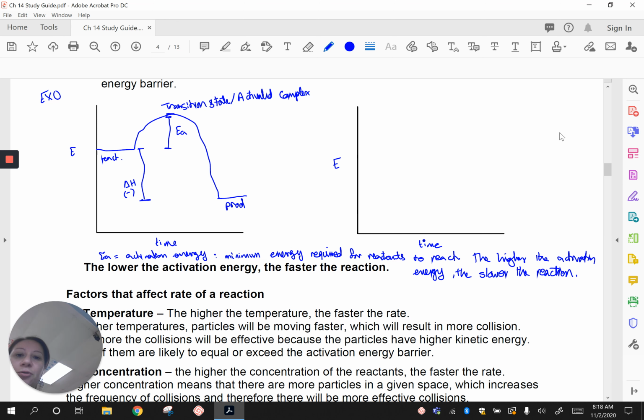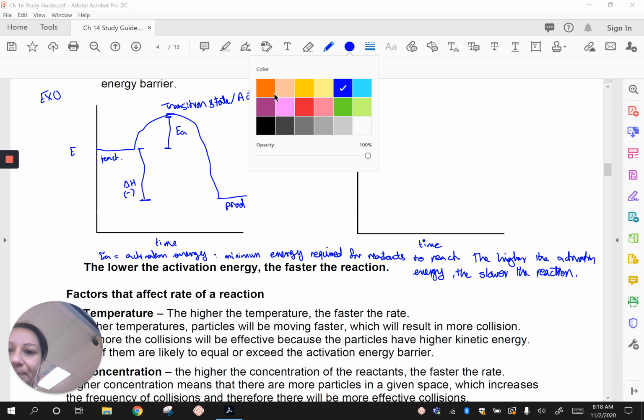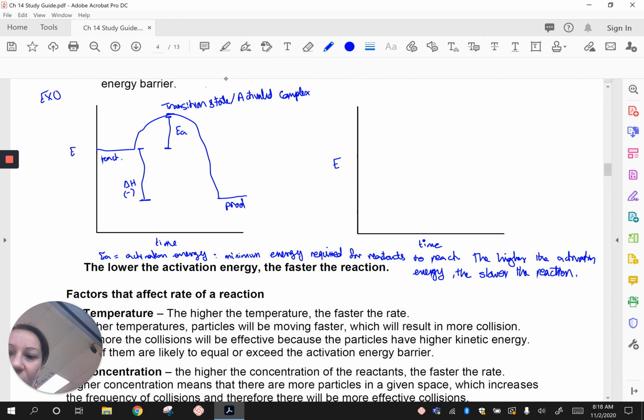Let's look at an endothermic reaction. So let's stay with the blue. So here are my reactants at a given amount of potential energy. Now in an endothermic reaction, my system absorbs energy. So if the system is going to absorb energy, then my products end up at a higher amount of potential energy.